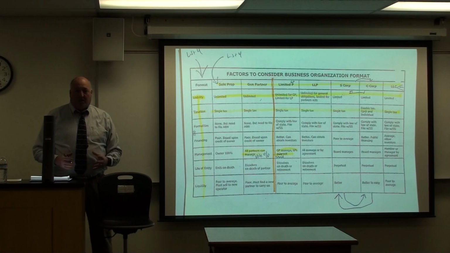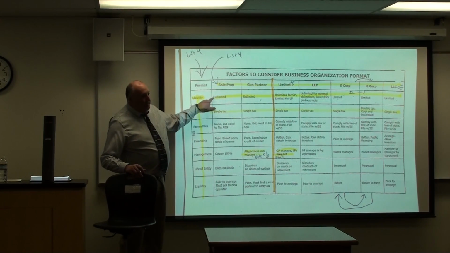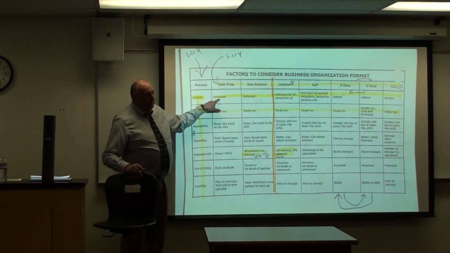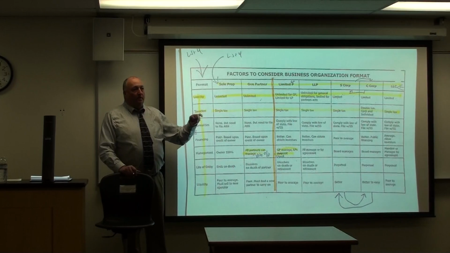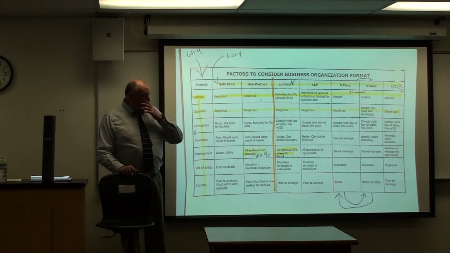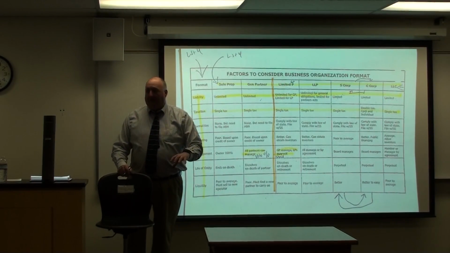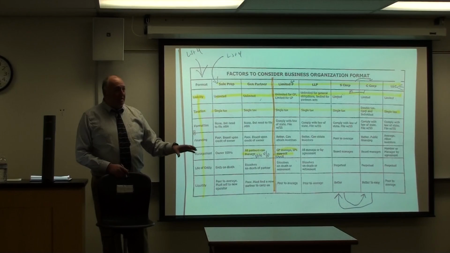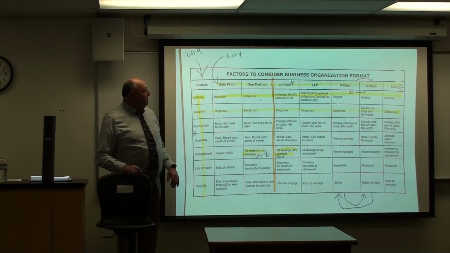Some of these business structures have no shield at all. So when I say unlimited, that means you have unlimited liability. If you're the owner of the business, you have liability where you could lose the business, but also if you don't have enough in the way of assets in the business, you could be personally liable, and your personal assets could be at risk as well.